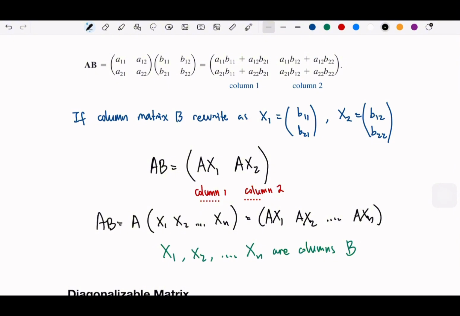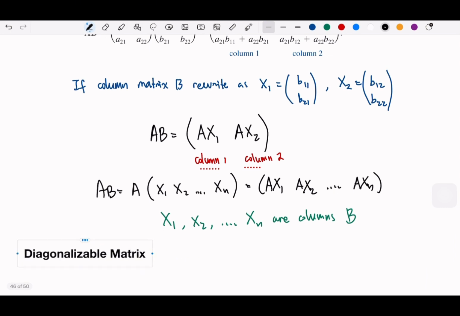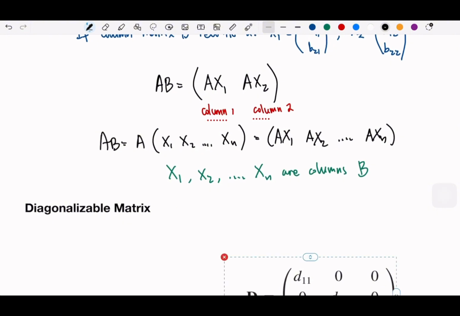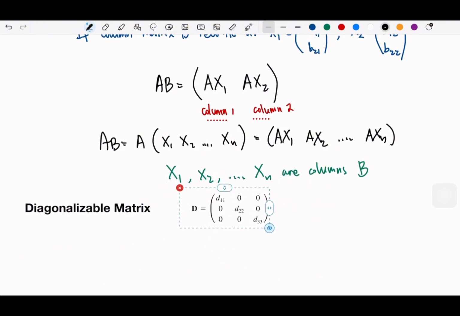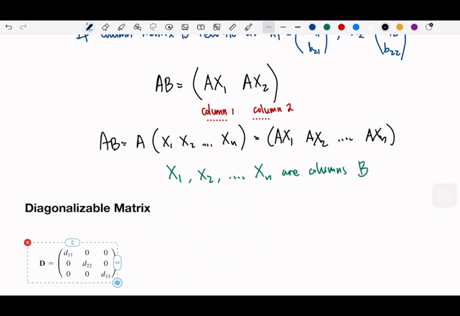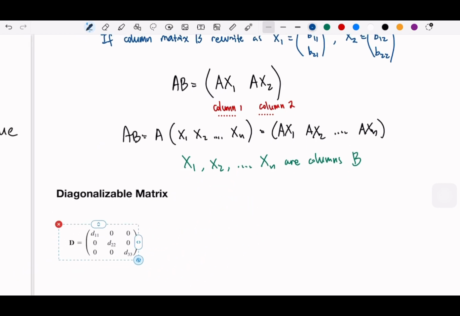Now, before we move on, we need to find what is the matrix that can be diagonalizable. So this is the diagonalizable matrix. This is D. Okay, so let me write some notes here.